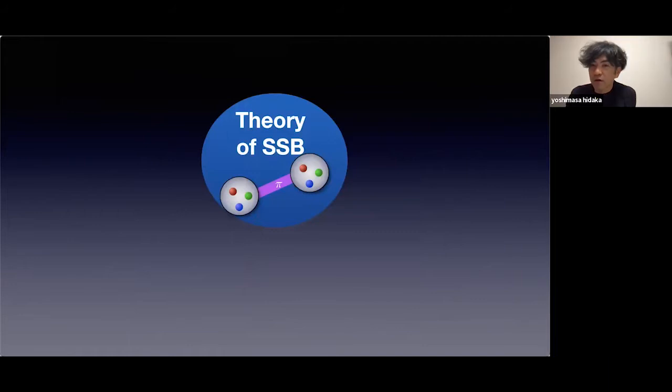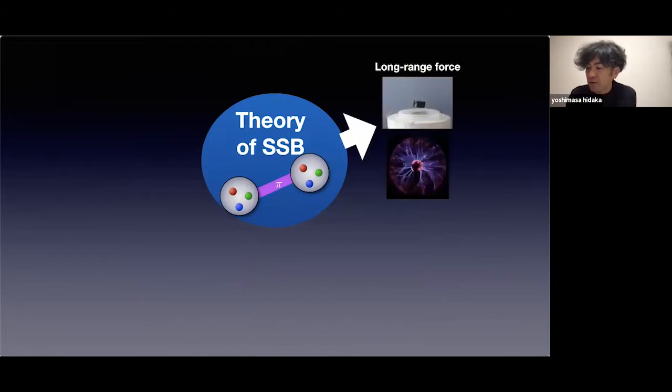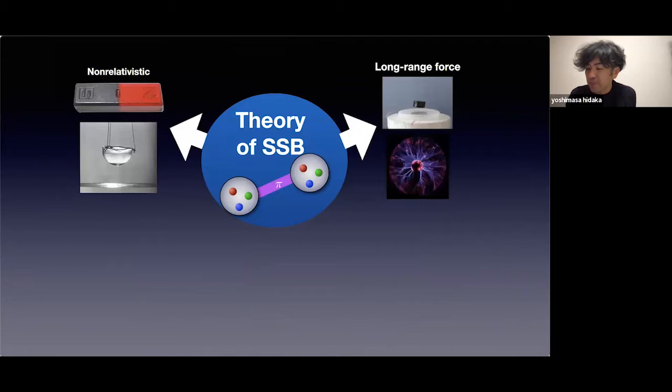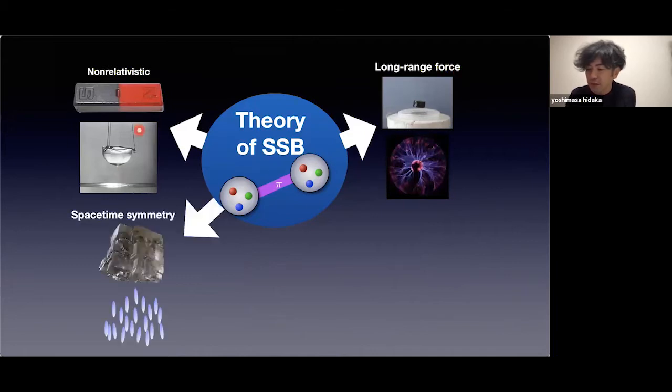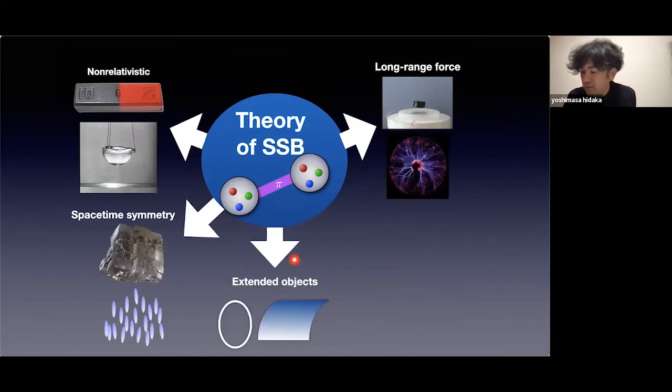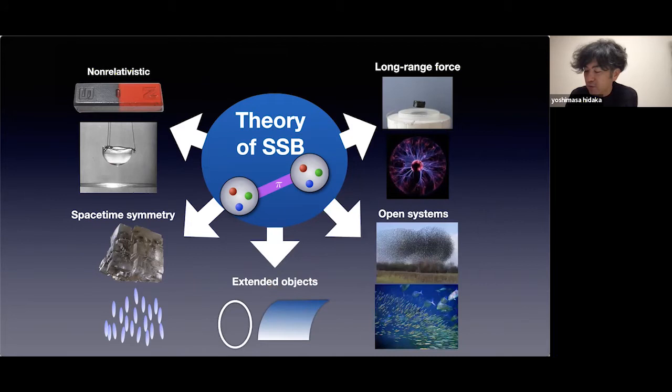So in this talk, I'd like to generalize the theory of spontaneous symmetry breaking to various systems. There are many possibilities: the existence of a long-range force in non-relativistic systems, space-time symmetry breaking, and symmetry for extended objects, or the more exotic case of an open system or active matter system.